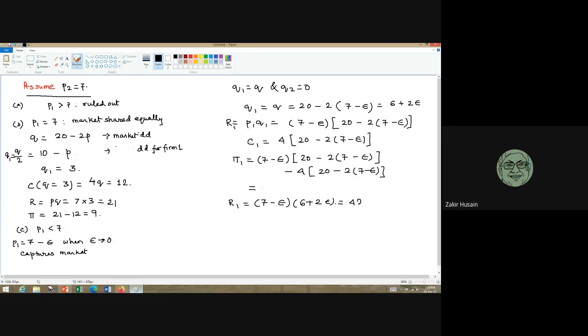This is 42 minus 6e. Okay, this is 14 epsilon and this will be 2 epsilon square. So this is revenue.